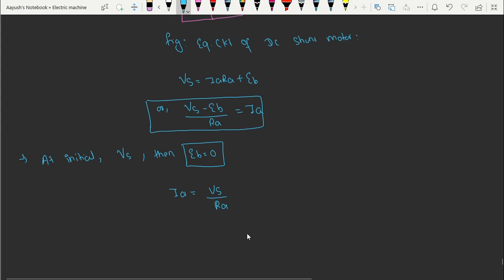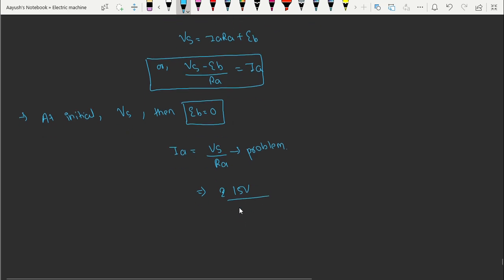Now this is the problem. Why is this a problem? Because let's say VS is 15 volts, and RA is usually about 0.01 ohm. When we divide 15 by 0.01, we have 1500 ampere.